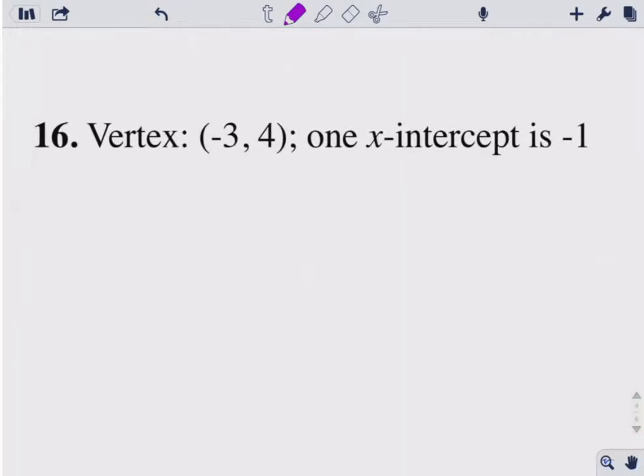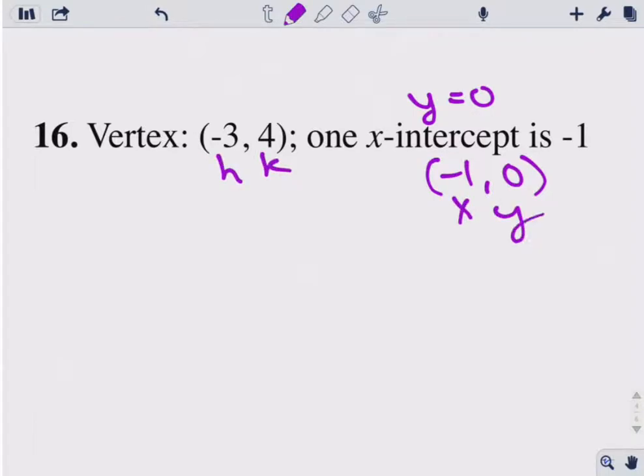Okay, x-intercepts means y is equal to 0, so your point is (-1, 0). Again, we have the vertex, which is h, k, and then we have x, y. Alright, so doing this, I've got y minus k is equal to a times x minus h squared.